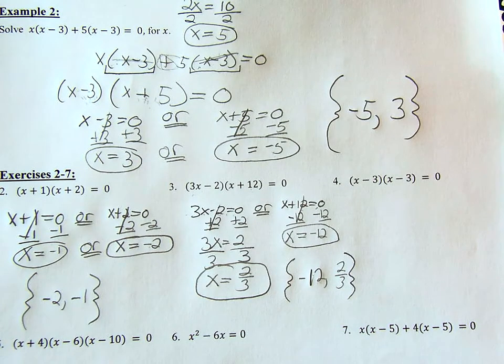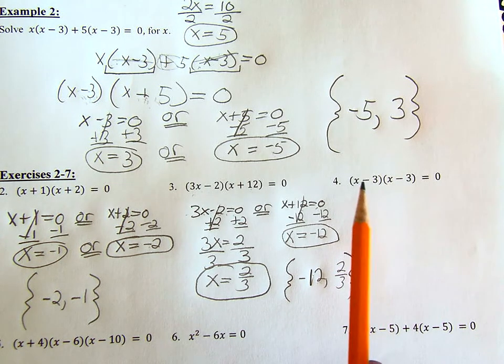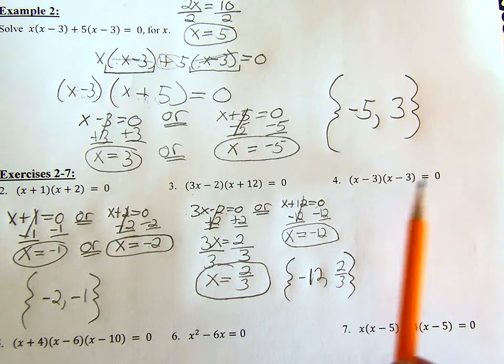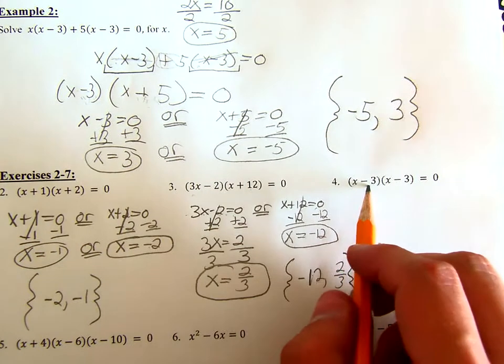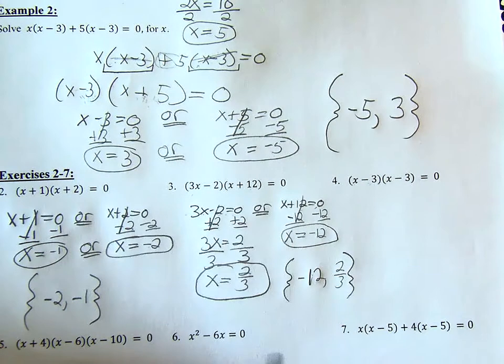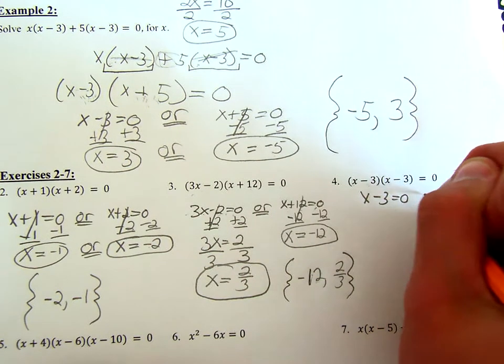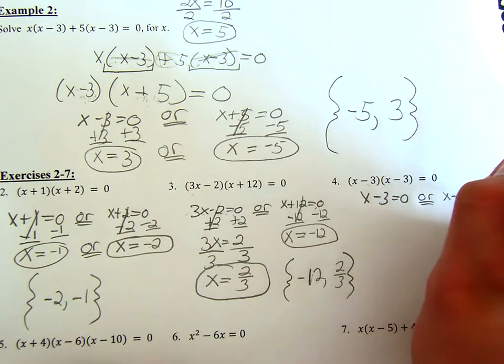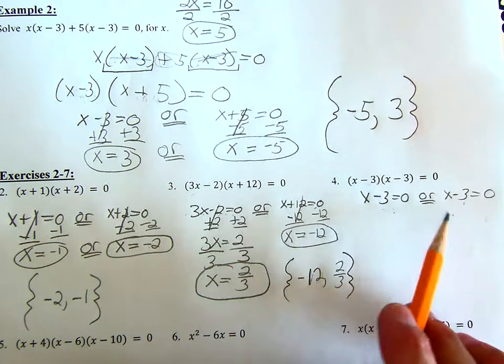So now looking at this one, we have x minus 3 times x minus 3 equals 0. We can see that x minus 3 and x minus 3 are the same thing. So what we could really say is x minus 3 is equal to 0, or x minus 3 is equal to 0. But they're the same equation, so we just have to solve one of them.